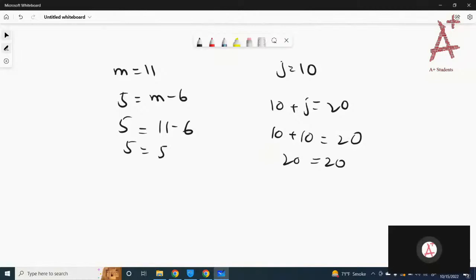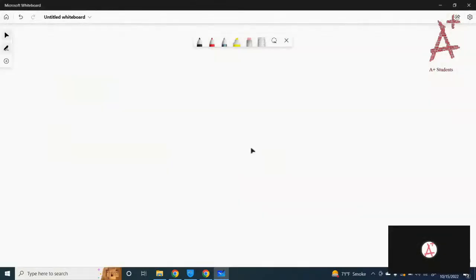Okay, the next one is h equals 7 a solution to this equation? And the equation is 11 equals 4 plus h. So just replace the h with the value. It would be 11 equals 4 plus 7, and both sides of the equation are equal. That means yes, it is the solution of this equation.